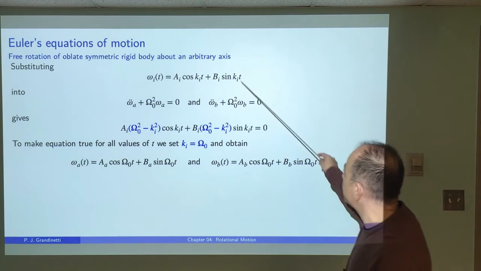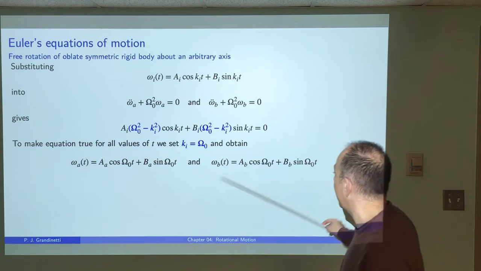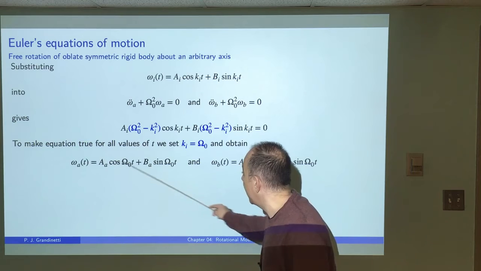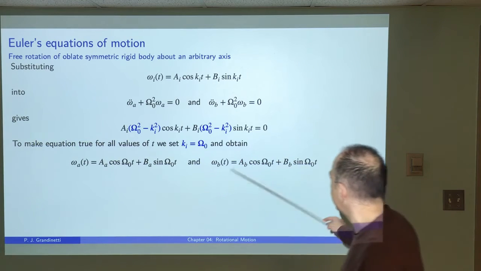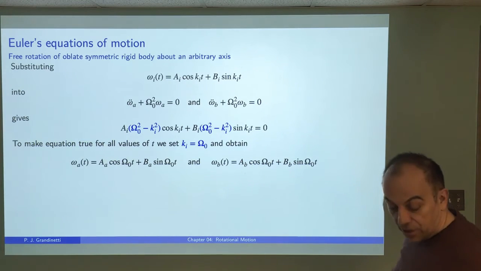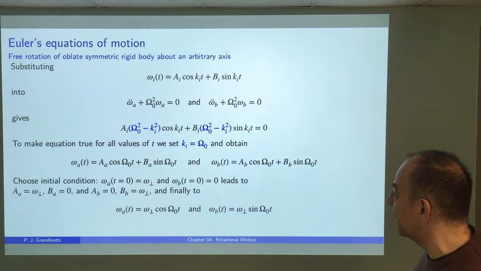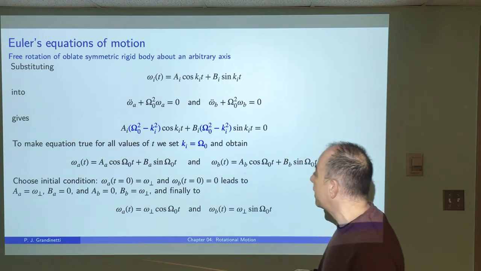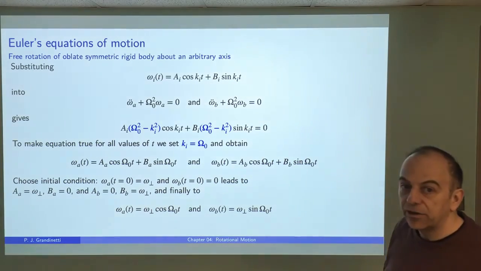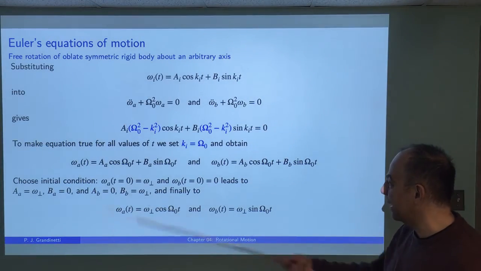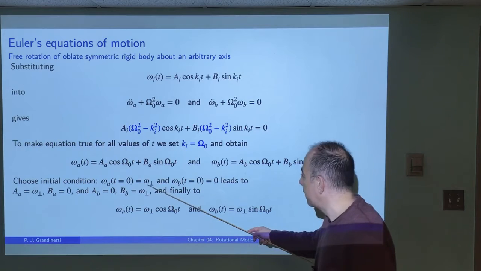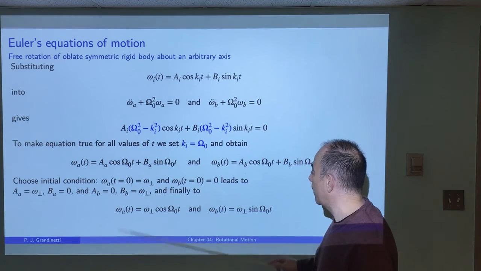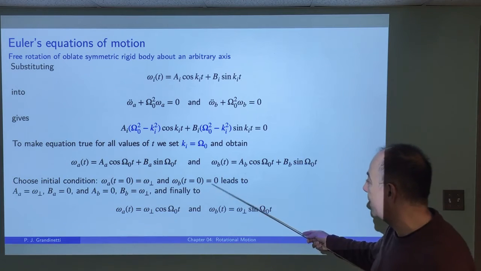Now this generic solution I'm going to write in terms of omega A and omega B looks like this. We still have the undetermined a and b for the A case and a and b for the B case, which we can work out by setting the initial conditions. At time 0, the angular velocity vector is pointing along the A direction with a value of omega perpendicular, and not along the B direction.